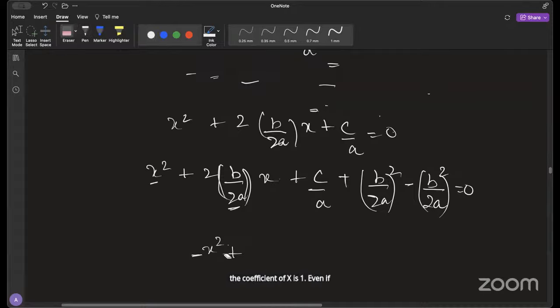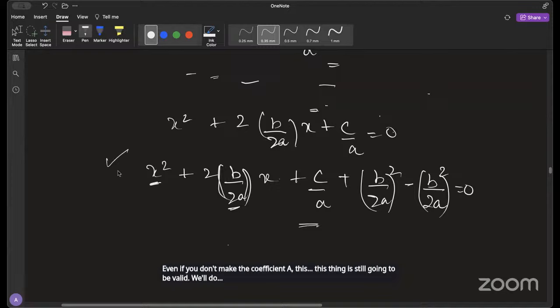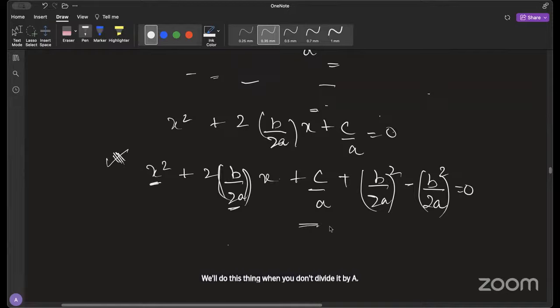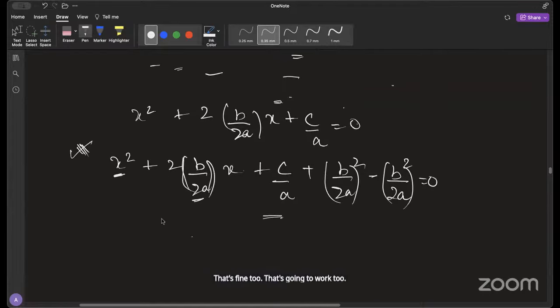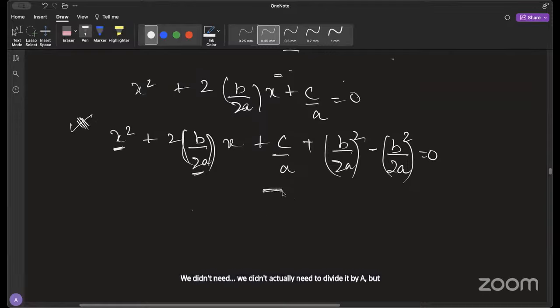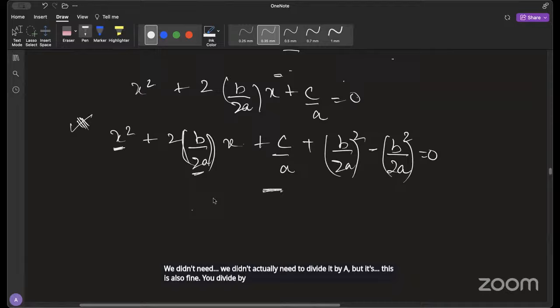Even if you don't divide this by a, even if you don't make the coefficient 1, this is still going to be valid. We'll do this when you don't divide it by a. That's fine too, that's going to work too. Actually there's no point dividing by a. We didn't actually need to divide it by a, but this is also fine. You divide by a, don't divide by a, it doesn't make a difference. So this is what you do.